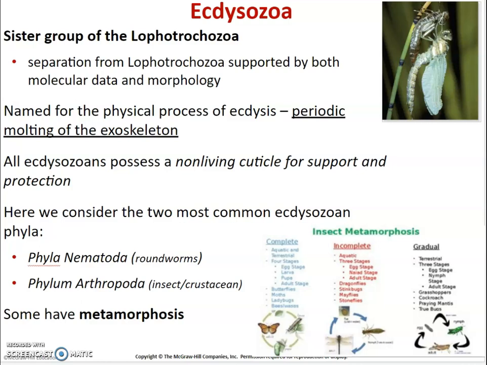The complete metamorphosis would be like the butterfly and ladybug that actually dissolves itself and becomes something new. The incomplete sheds molts off its cuticle stage and becomes anew. And then the gradual would be more like the cricket, right? Or a cockroach, things like that.